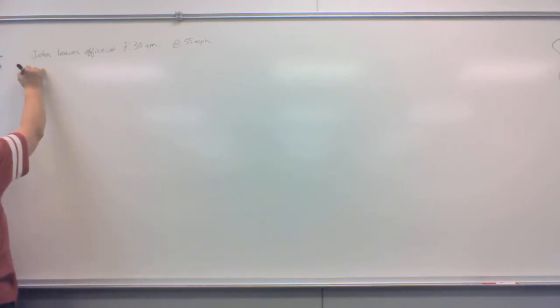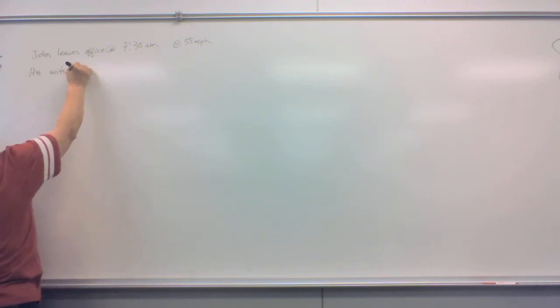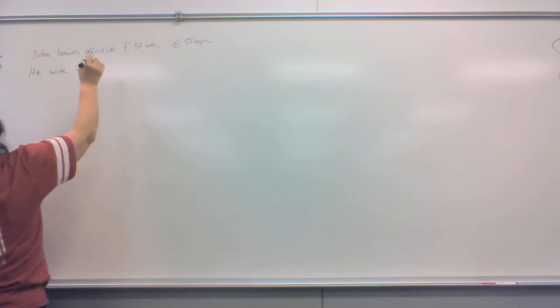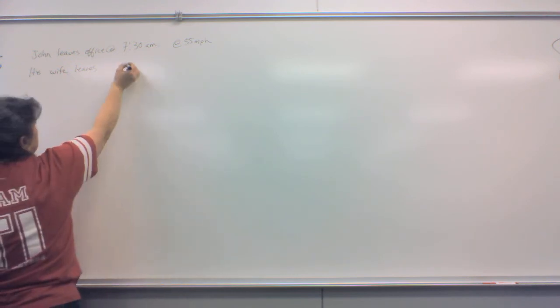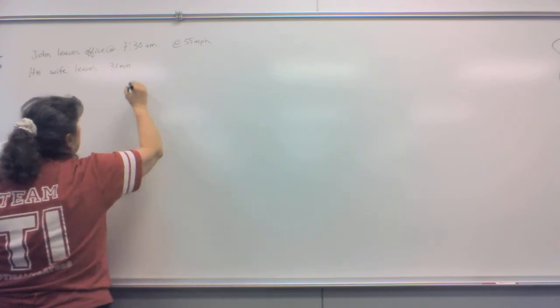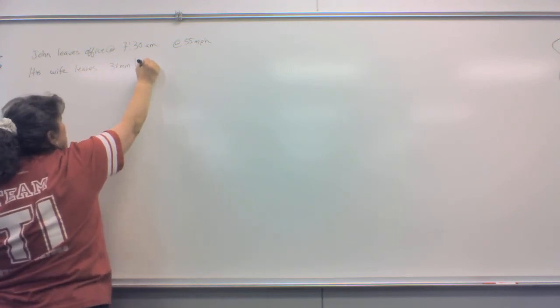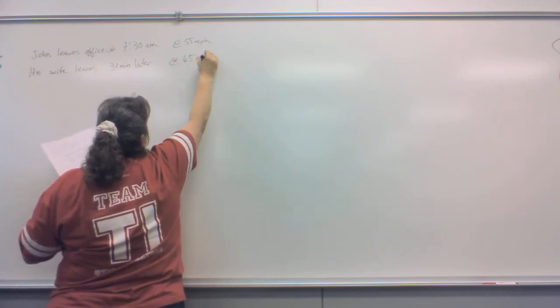So his wife leaves the office, and it says half an hour later, so 30 minutes later, and she is traveling at 65 miles per hour.